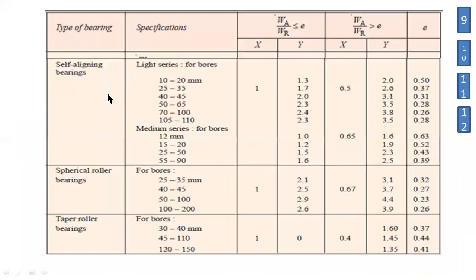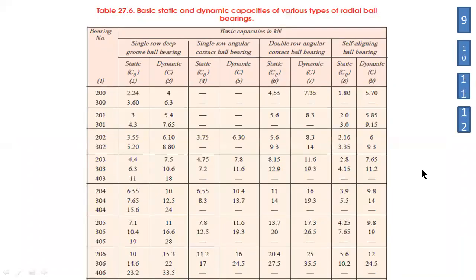These are the same data for self-aligned bearings, spherical roller bearings, taper roller bearings, and these are the basic static and dynamic capacities of radial ball bearings. By using these values, you can find out the static load factor and dynamic load factors.